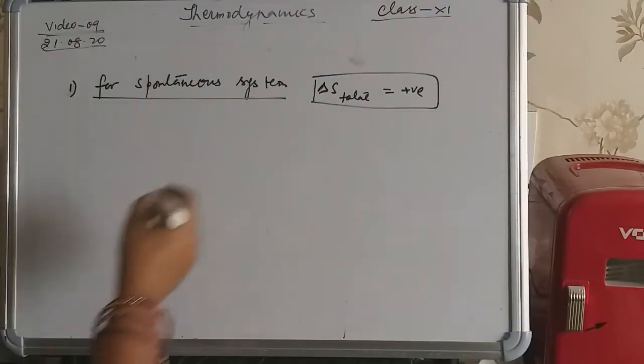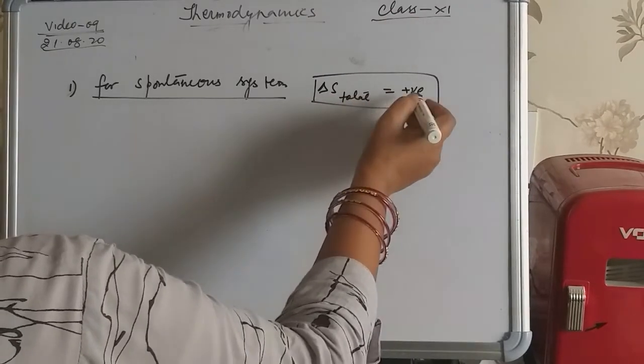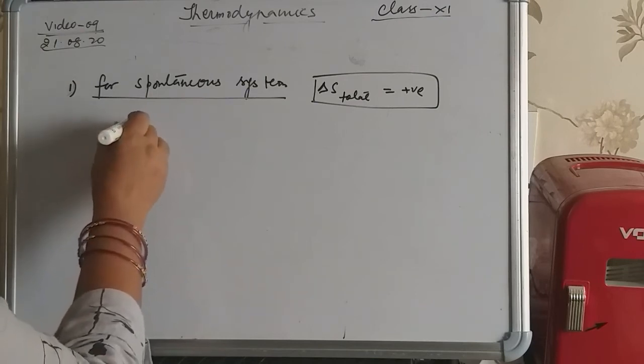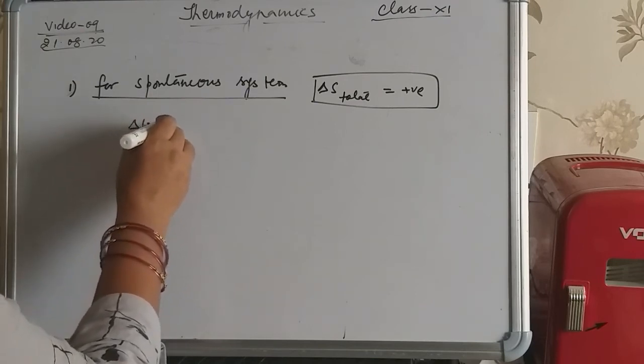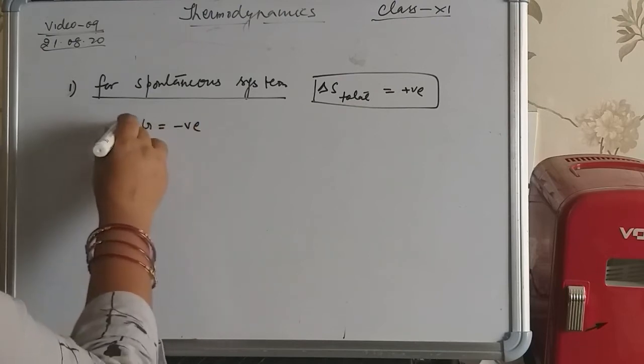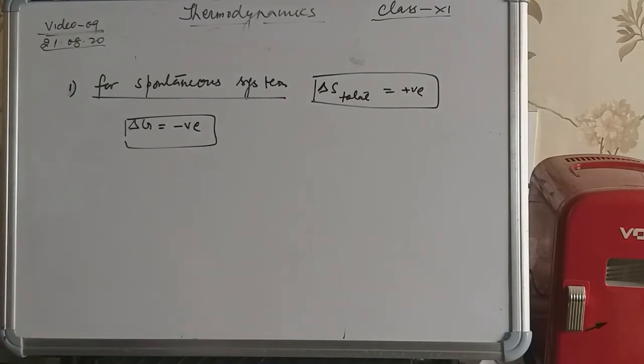We all know that for a spontaneous process, the total entropy change should be positive. In that condition, del G is negative.